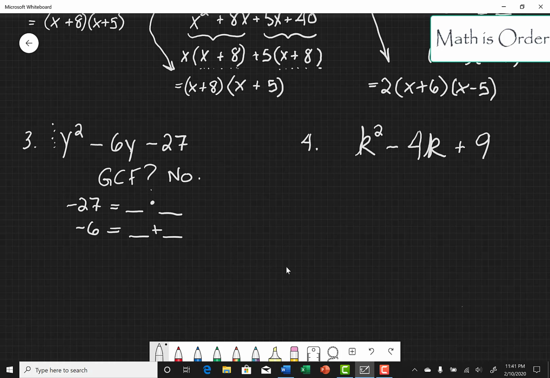So let's see, 9 and 3 will work. And one of these has to be negative. How about the negative 9? So negative 9 and 3. This multiplies to give negative 27, and it adds up to give negative 6. So these are the two factors that work.